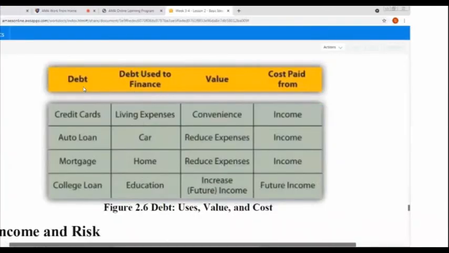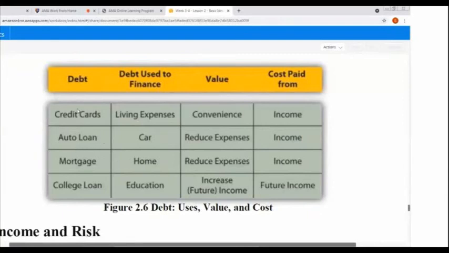If you have debt, for example, debt in credit cards, you use the debt for your living expenses. And the value you achieve is the convenience, the convenience of keeping your money, and it is safe. And it can be paid through your income, for the purchases made through credit card.